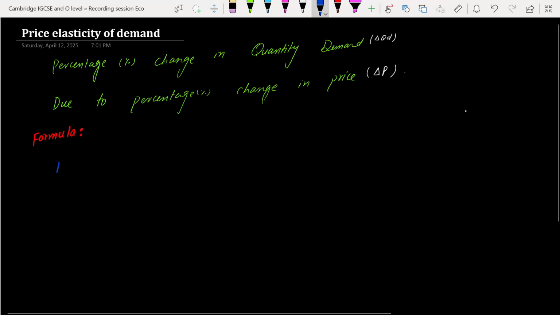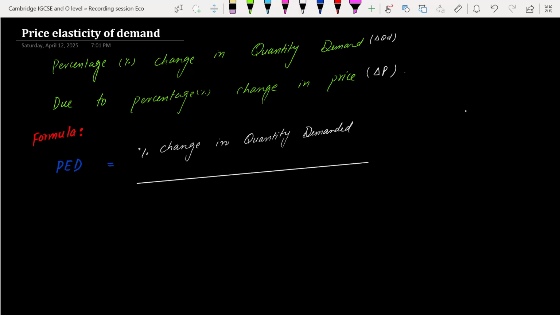Price elasticity, PED, is equal to percentage change in quantity demanded divided by percentage change in price.